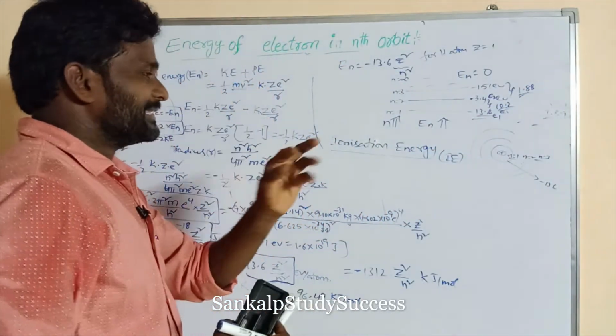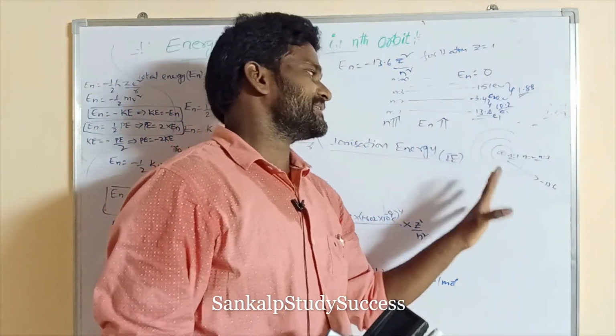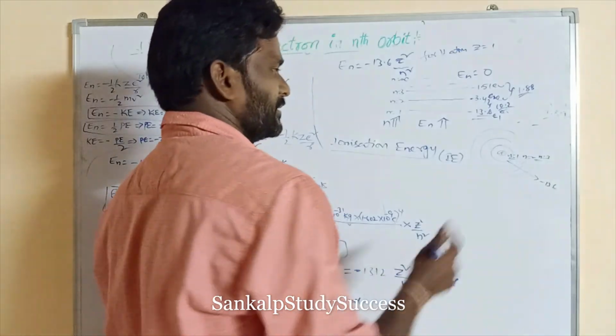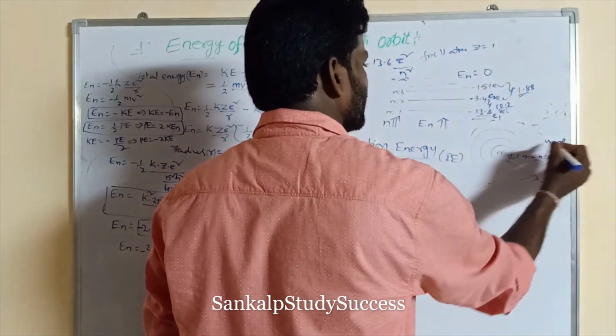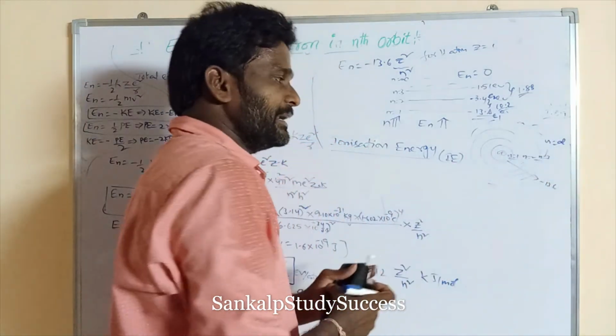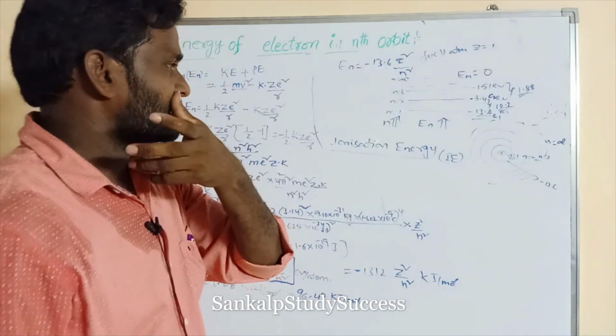That means there is no force of attraction between the nucleus and the electron. If the electron is present in the n equal to infinity shell, there is no force of attraction between the nucleus and that electron.